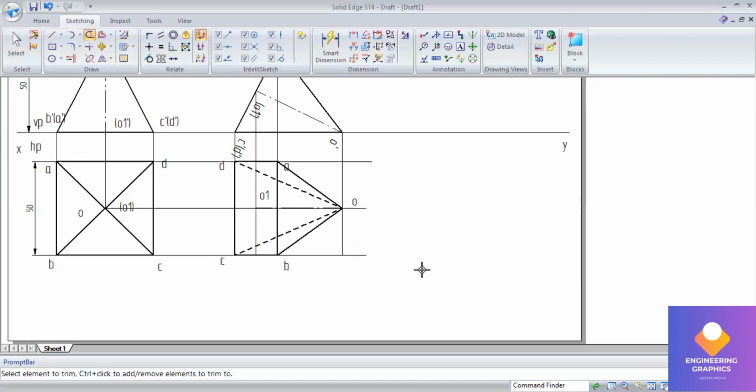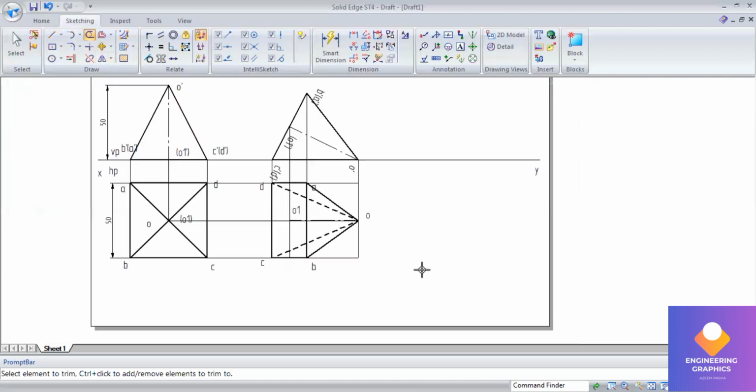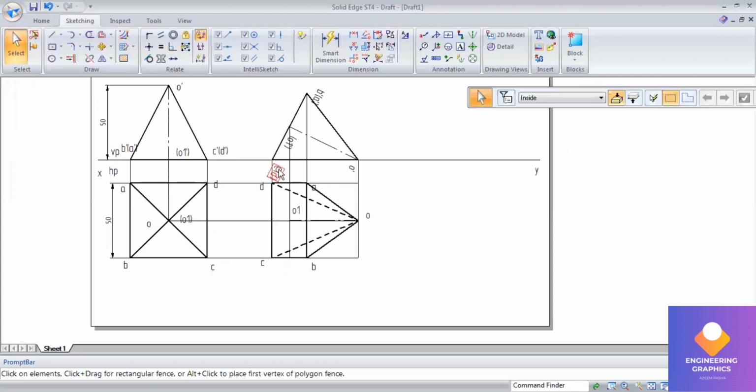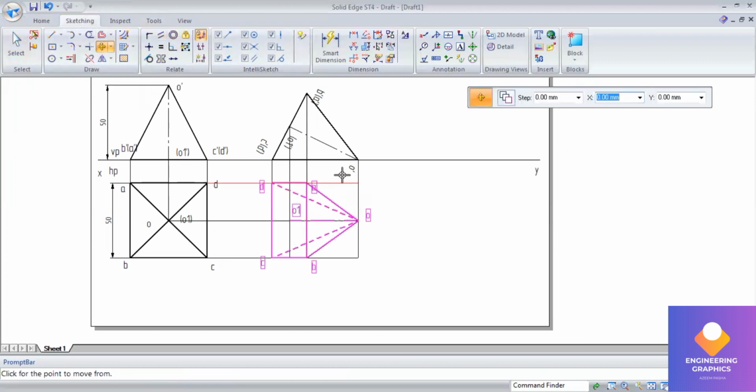You can see the edge which is now here, we have to make that parallel to the VP. So parallel means we should consider the CD end and then we have to rotate it and make it parallel to the XY line. So by taking this CD line here, we have to make this CD, now it is parallel to HP, so we want to make it parallel to VP.